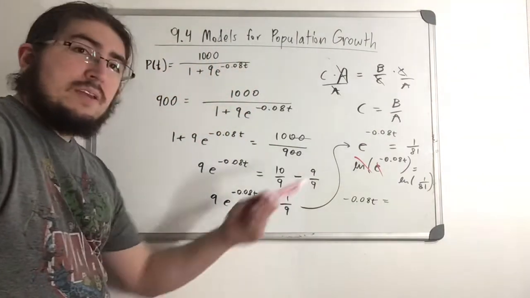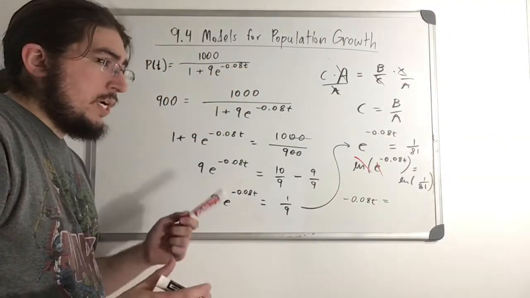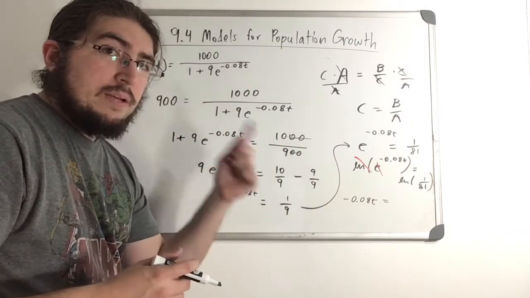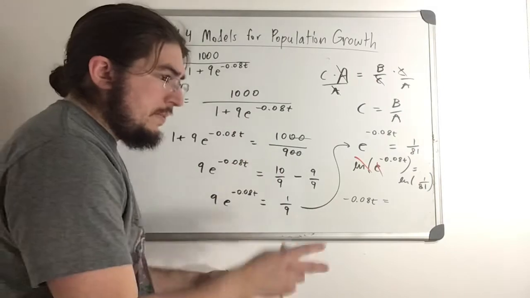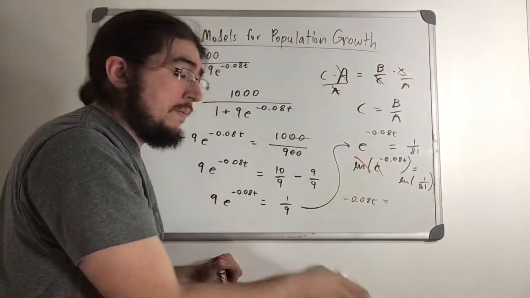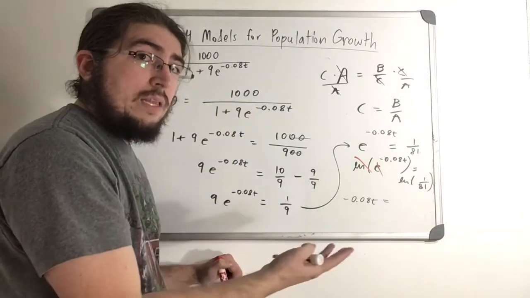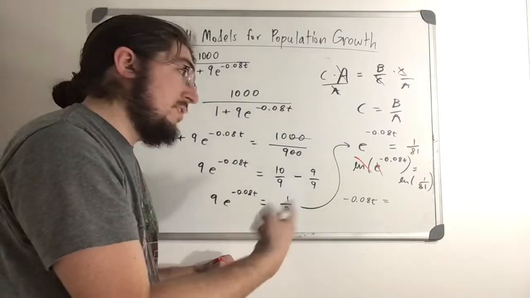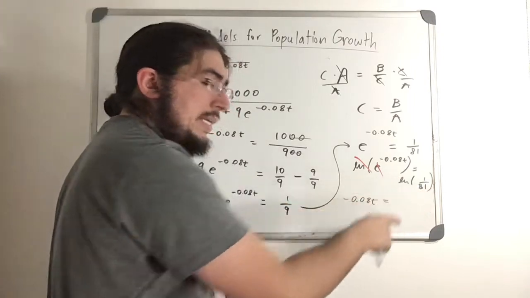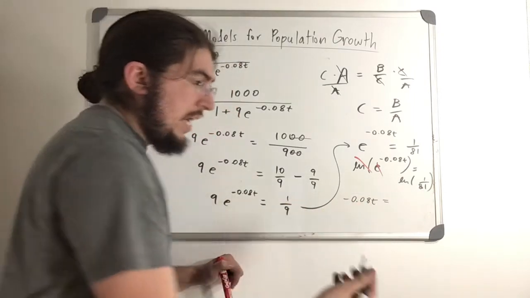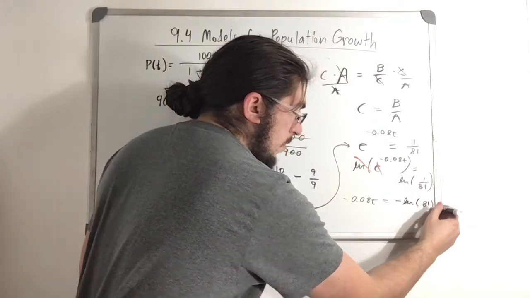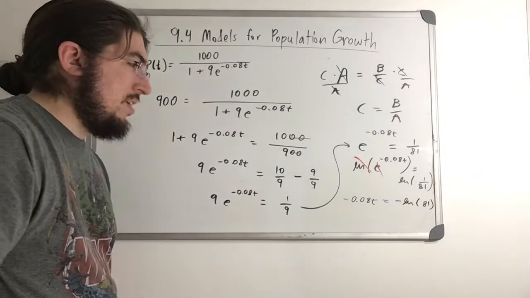On the right, ln of 1 over 81, remember our trick. When you have ln of something minus ln of something else, it's ln of the quotient. Similarly, if you have ln of a quotient, you can write that as ln of the top minus ln of the bottom. The benefit here is that what's ln of 1? ln of 1 is 0, because e to the 0 is 1. So this is ln of 1 minus ln of 81, which is just 0 minus ln of 81, which is just negative ln of 81.